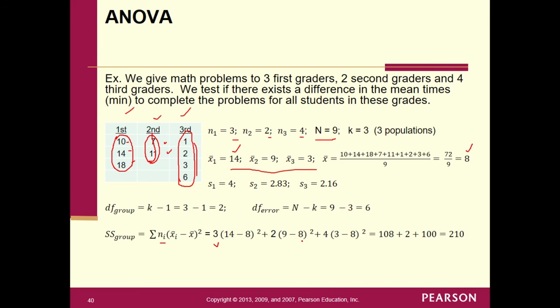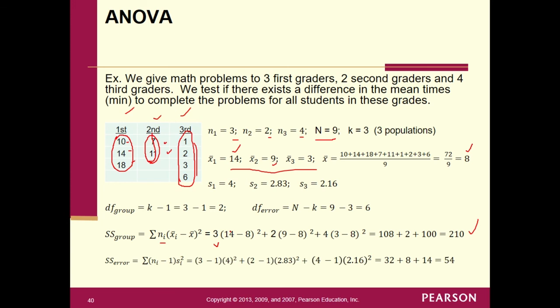Then we have 2 for N2, and then we got X bar 2 of 9 minus 8. Let's square that. Then we have a sample size of 4, all right. X bar 3 is 3 minus 8. All right, and when you do the math, I came up with 210.